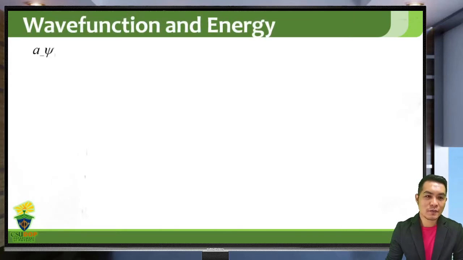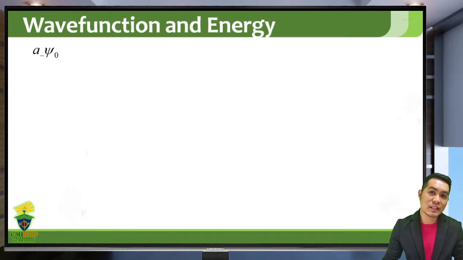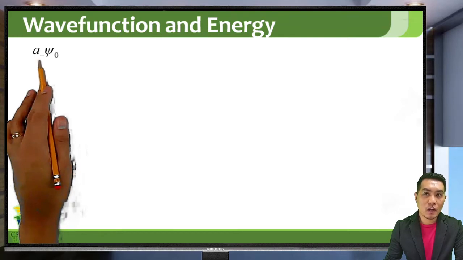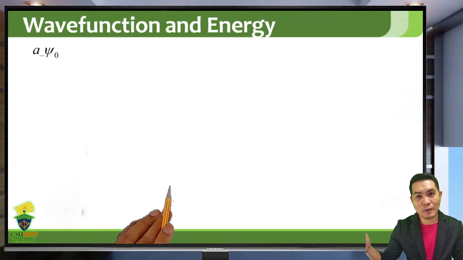Okay, so let's focus now on the wave function. What are the wave functions, psi n's, and the energy levels, E n's, of a particle trapped in a harmonic oscillator potential? We know that the lowering operator lowers the state of the particle by 1.